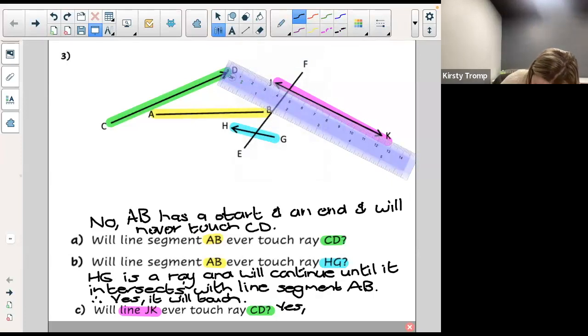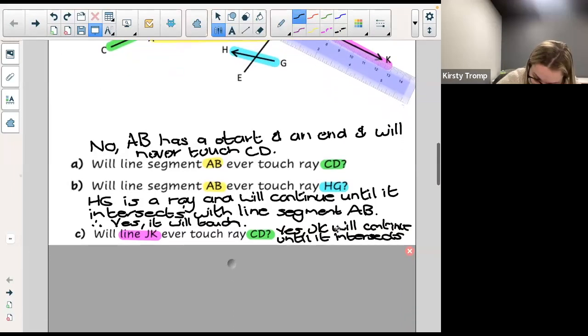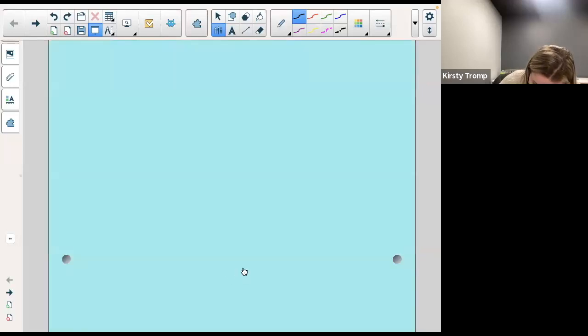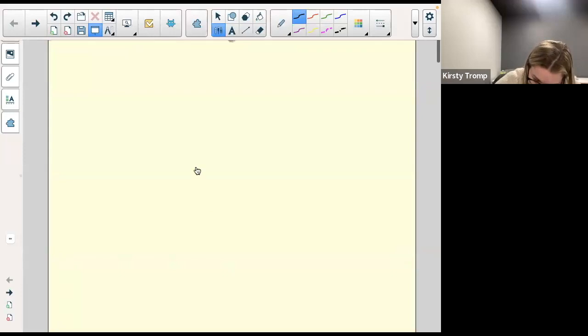So JK will continue until it intersects with ray CD. Well done. Okay. So JK will continue until it intersects. Oh dear, my whole screen changed color there. Oh, we lost our whole screen.